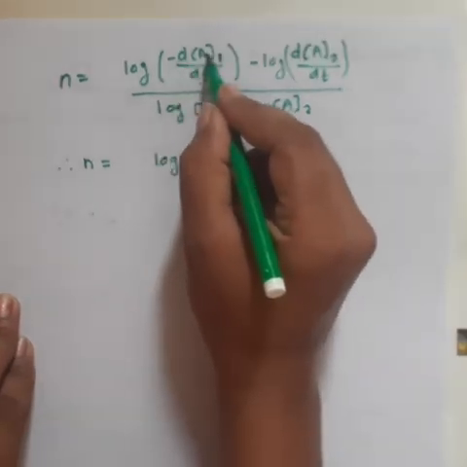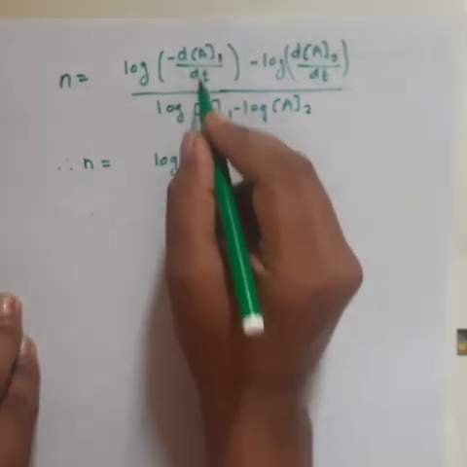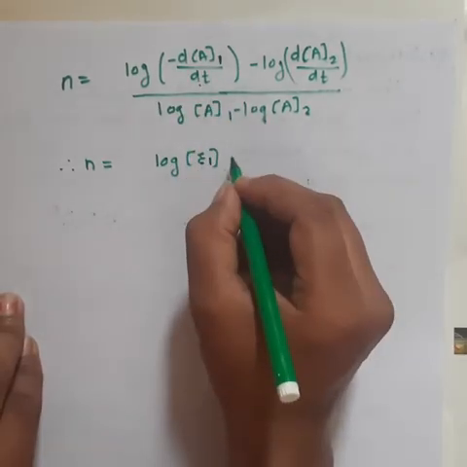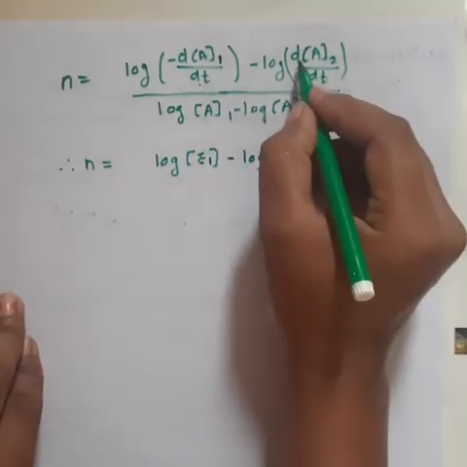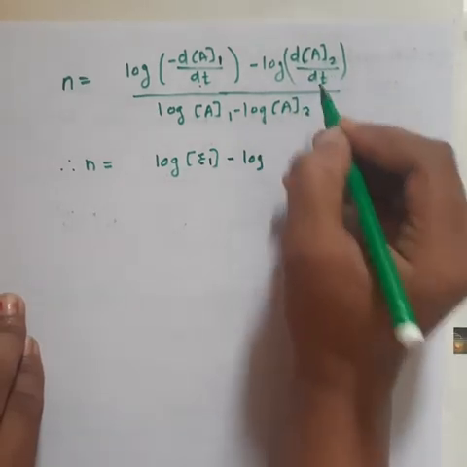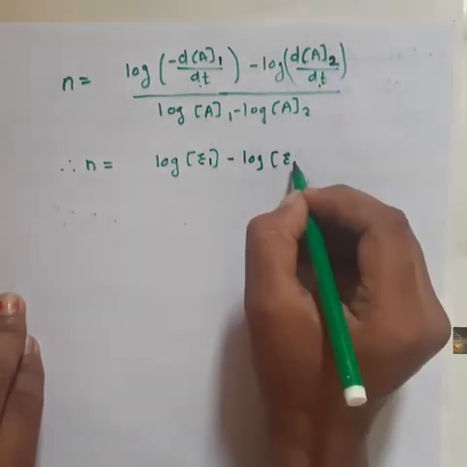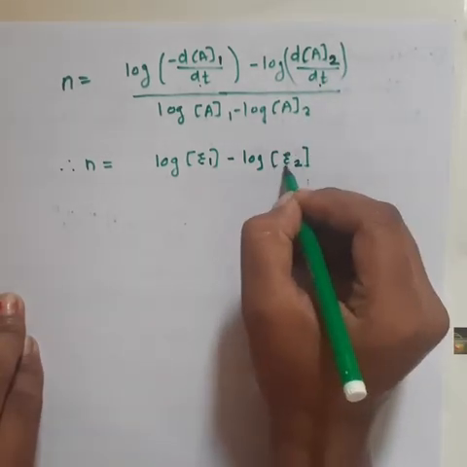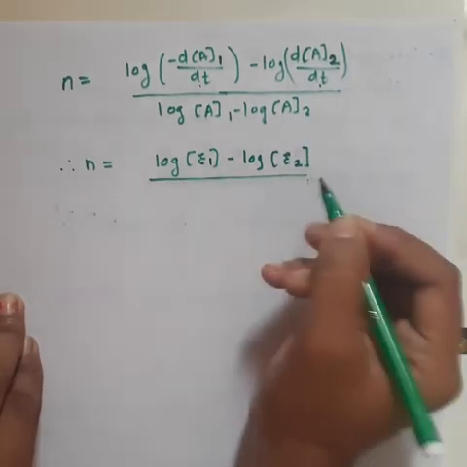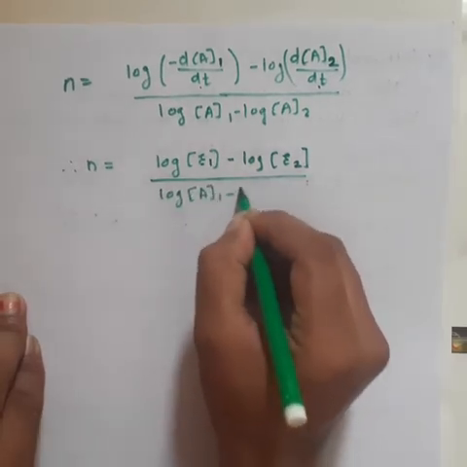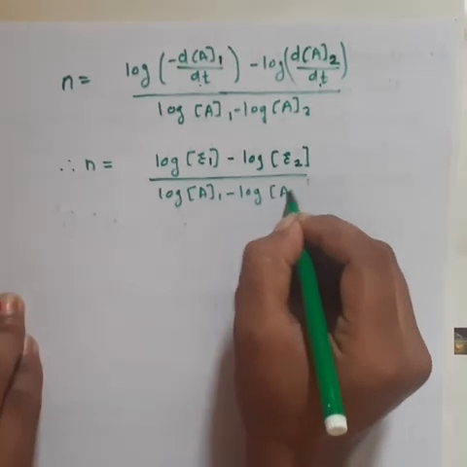It is the decrease in the concentration of reactant divided by time. It is also called a rate, but for the second initial concentration. Therefore we write log R2 divided by log of A1 minus log of A2.